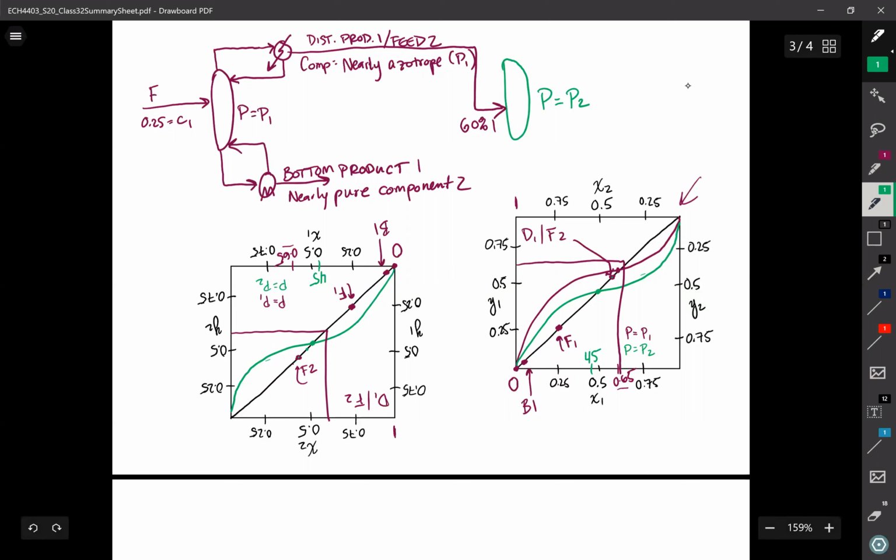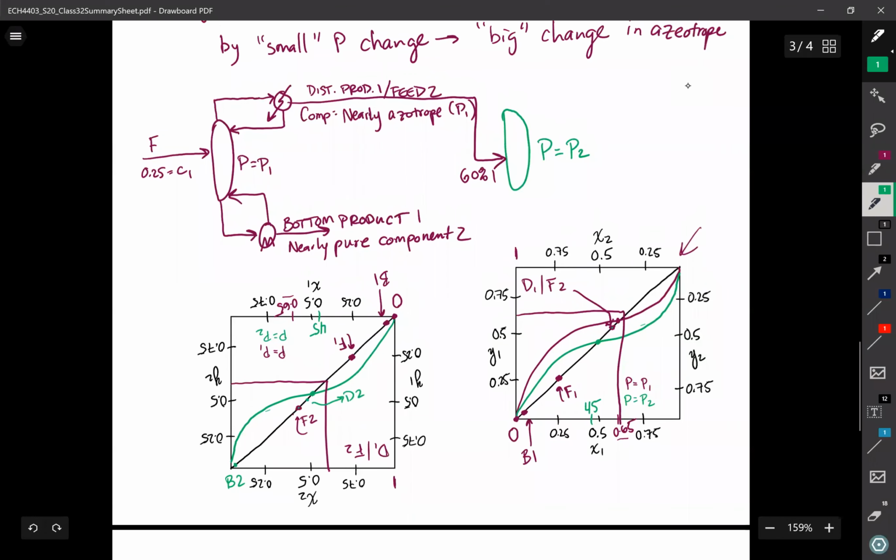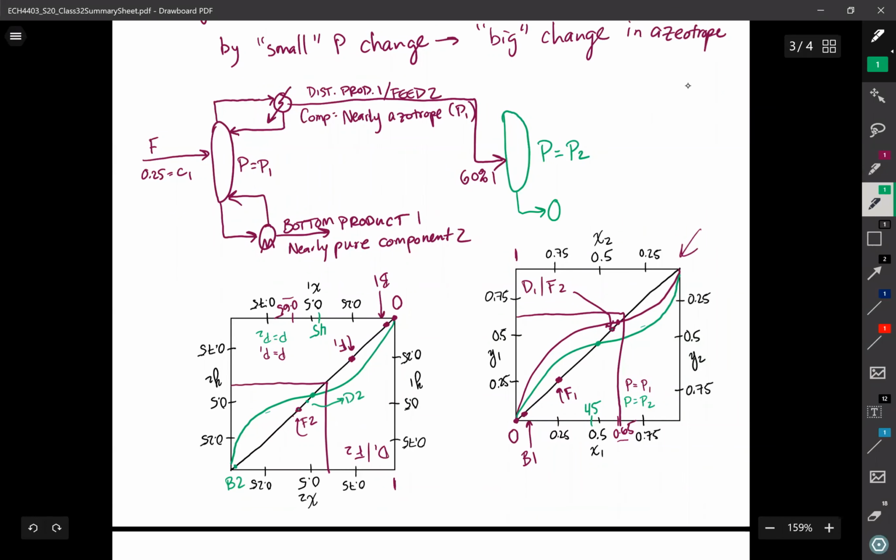So here again, I can specify what my distillate from column 2 would be. And my bottoms product from column 2 is going to be nearly pure component 1, and it'll come out the bottoms again. So we've got a partial reboiler again.